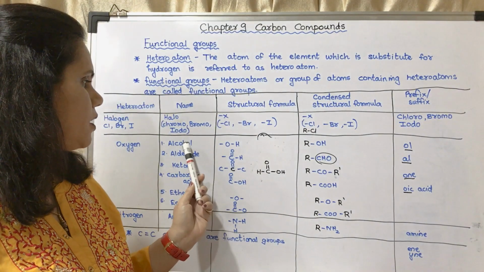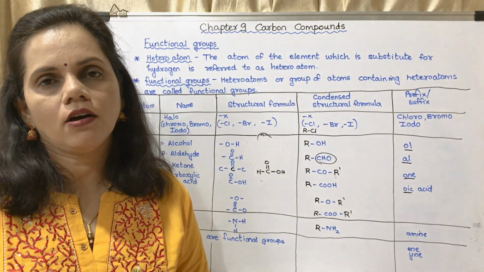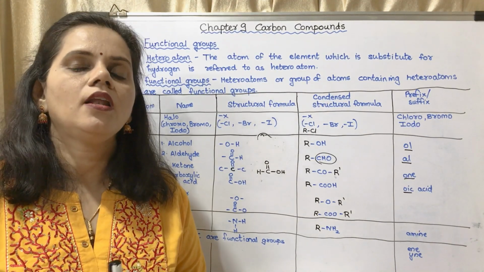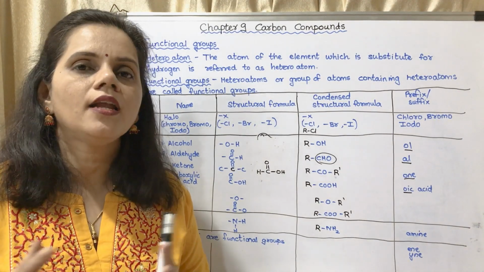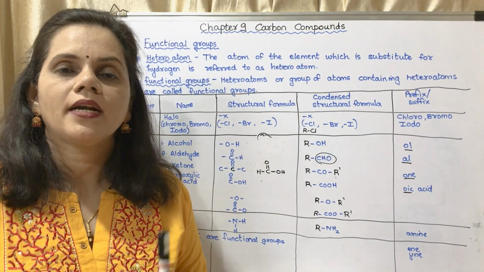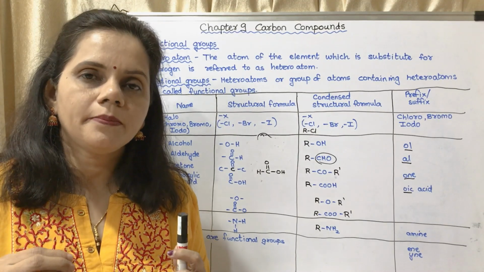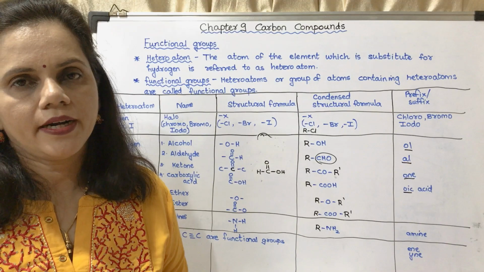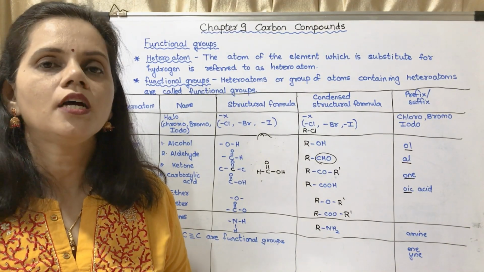That means alcohol, you know about alcohols, it is not a single alcohol which is present. Methanol is an alcohol, ethanol is an alcohol, propanol is an alcohol, butanol is an alcohol. So there are several types of alcohols, but alcohol is the common name which is given. And what is the main similarity between them? They are having similar properties due to their functional groups.